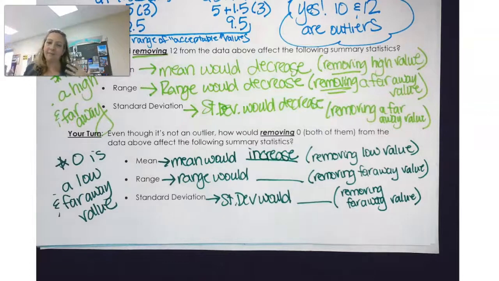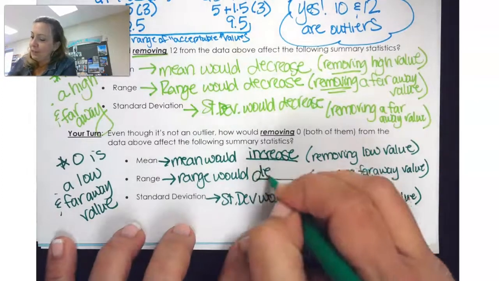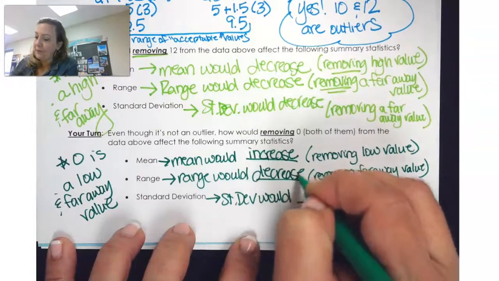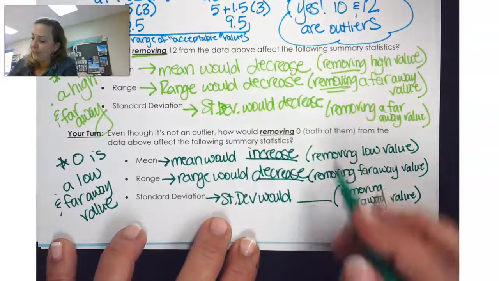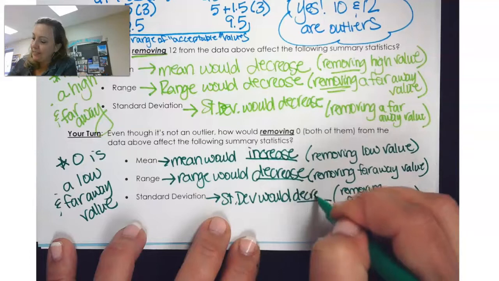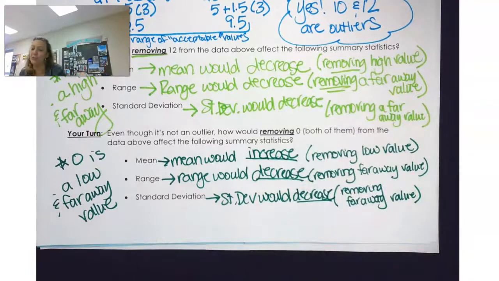I know 0 is not that far from 4, but because it was more than 1 standard deviation, we're going to consider that for our purposes far away. So because we're removing this value that's far away, now the values are closer. So that means that our range would decrease. And the same thing is true for the standard deviation. The standard deviation would decrease also because we're removing that far away value.